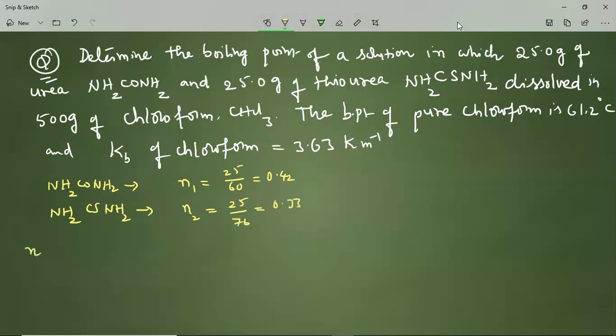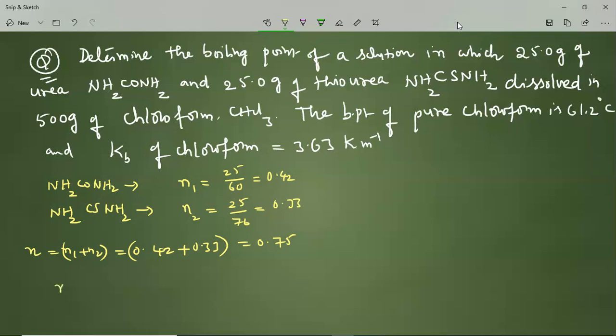Now the total number of moles is N1 plus N2, that is 0.42 plus 0.33. The total I got is 0.75. This is the number of moles of the solutes present in the solution.